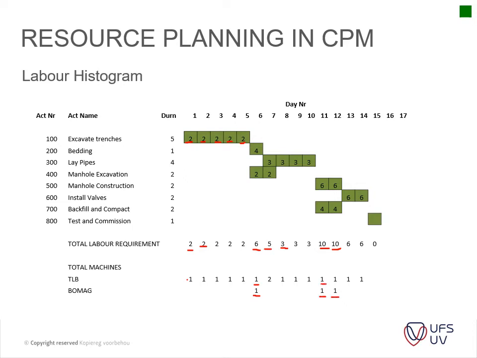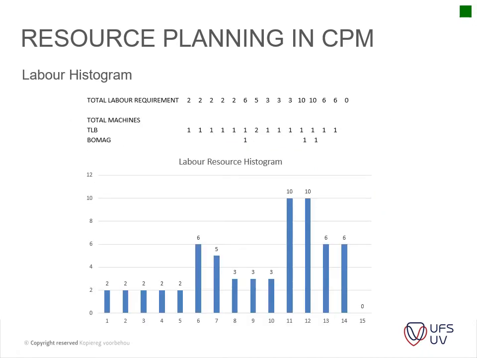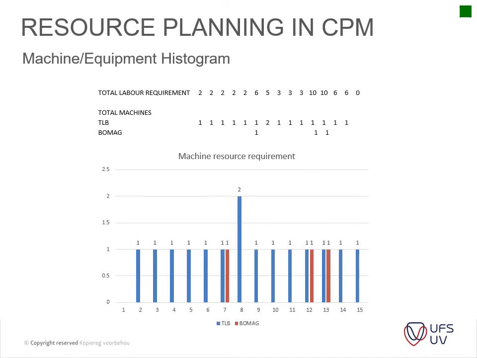Okay, so manual excavations, you've got some compaction that's needed, or your bedding which needs to be compacted. Okay, so you can see the labor histogram is drawn out, same as the previous one, and then you can see your machinery, which is drawn out here. You need 1 BOMAG and 1 TLB.